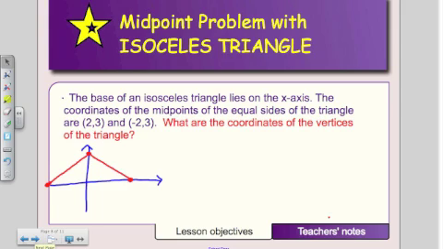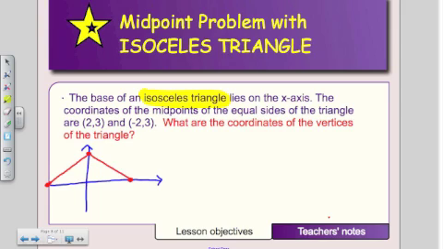What does an isosceles triangle mean? The base of an isosceles triangle. What does that mean? Yes, two sides have the same length. Good. And the base lies on the x-axis.